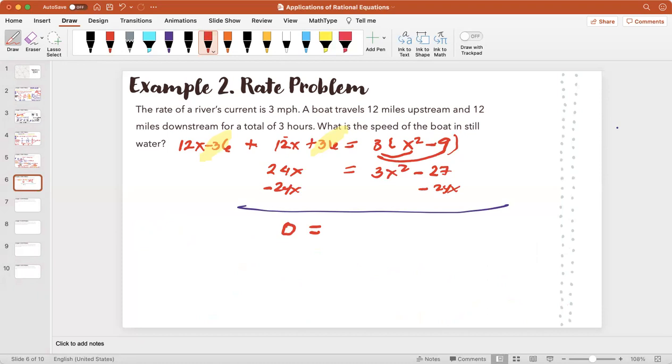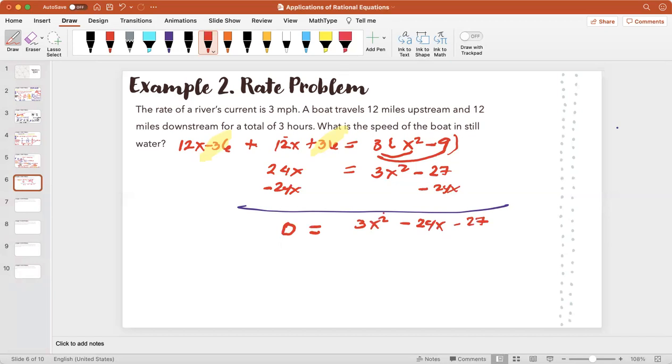None of them are like terms. So we simply copy 3x squared minus, which one comes next now? Is it the 27 or the 24? That's the 24 minus 27.